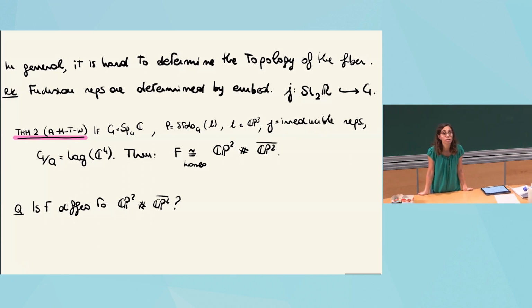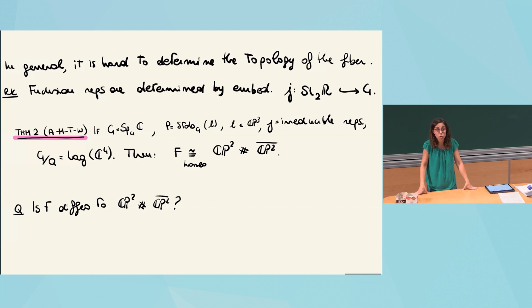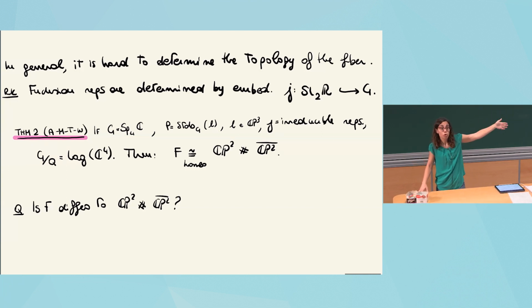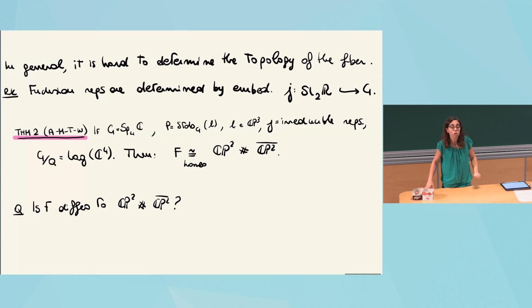What is CP2 bar? You will see soon. I'm not sure our result will be very satisfying, because what we do is that we study this other fiber and then we calculate the intersection form. My question is what is CP2 bar? Oh, it is the opposite orientation.